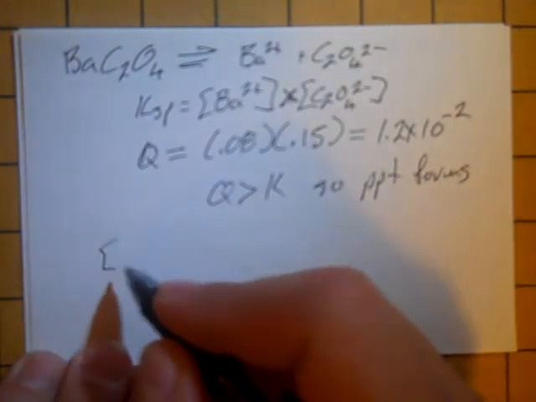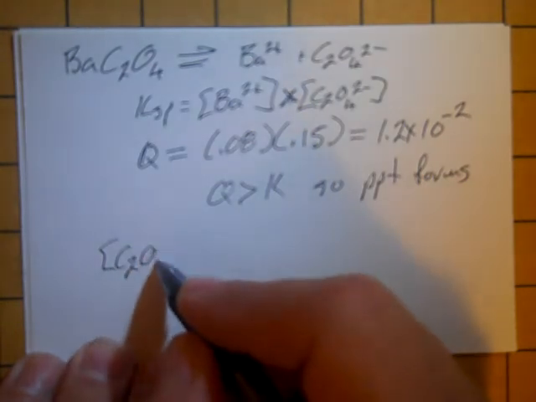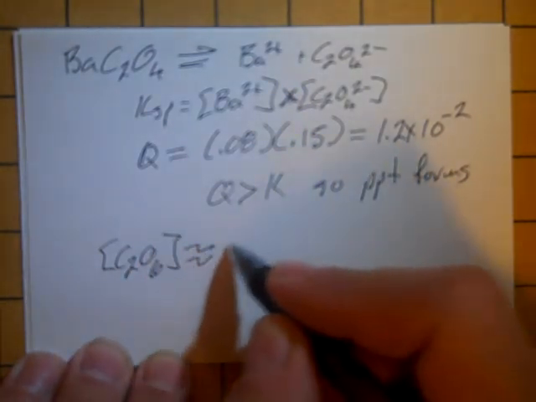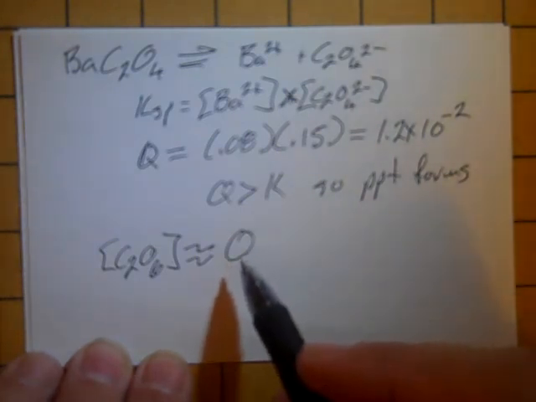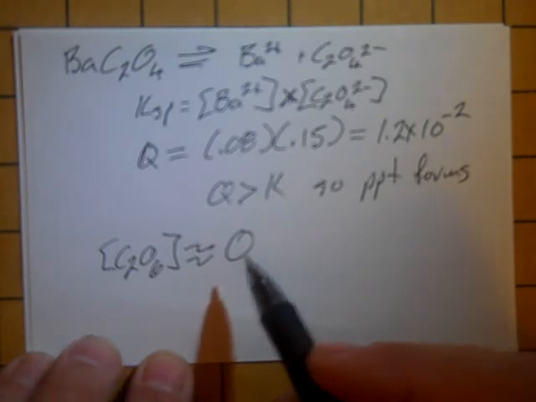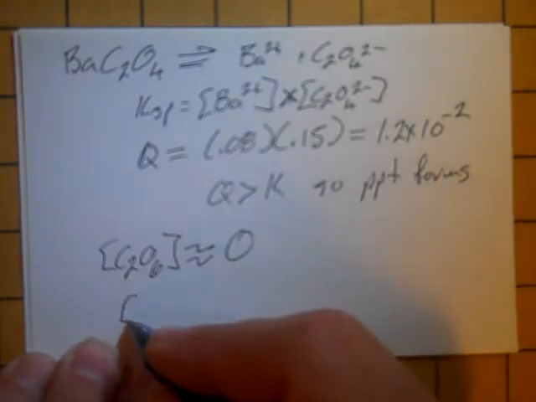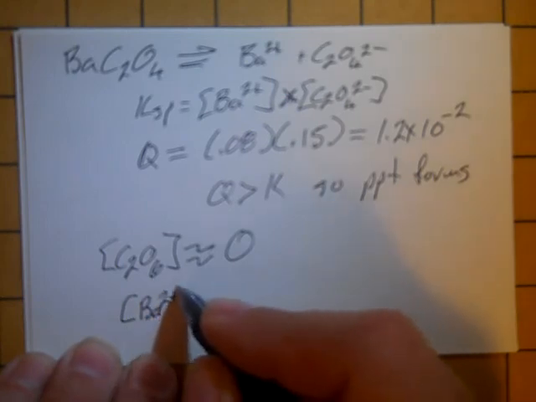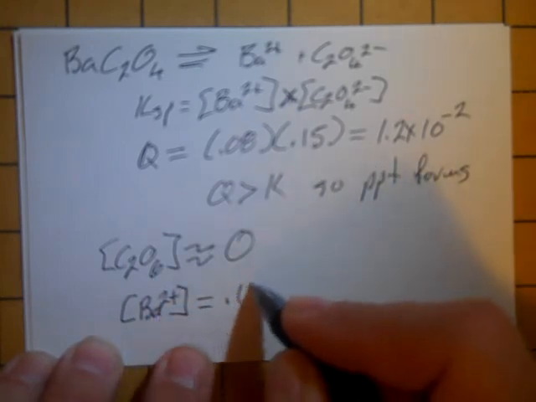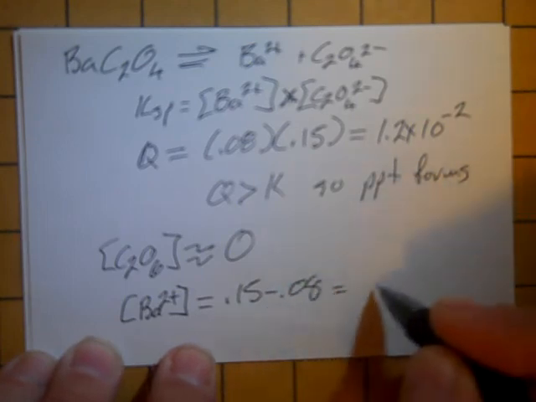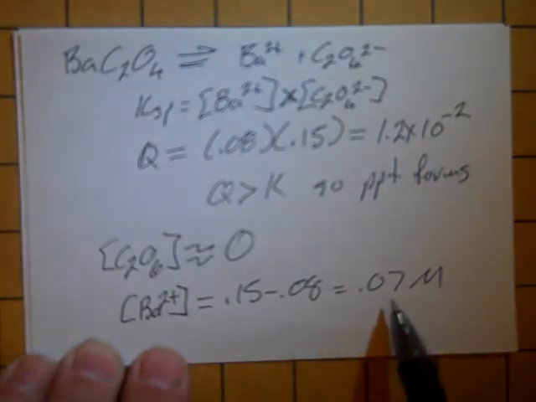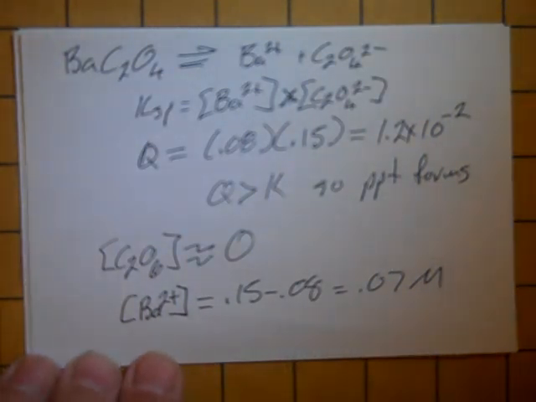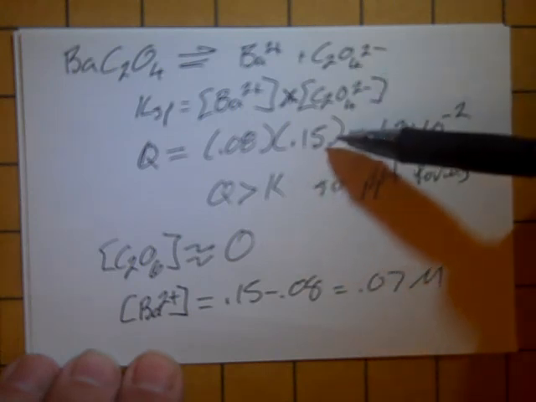So my concentration of oxalate is going to be about 0. And for every oxalate that I remove, I also have to remove a barium, so my concentration of barium will be 0.07 molar.